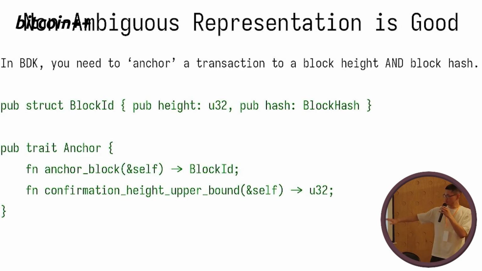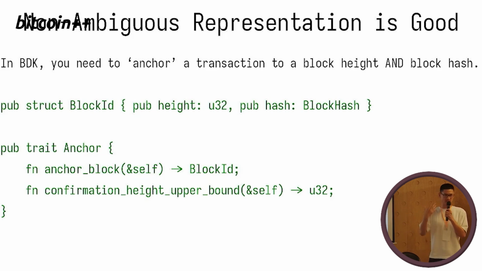So this is a trait in BDK. It's called an anchor. With traits, it's like a loose bound on every different type, so you can implement your own type here to use with your wallet.